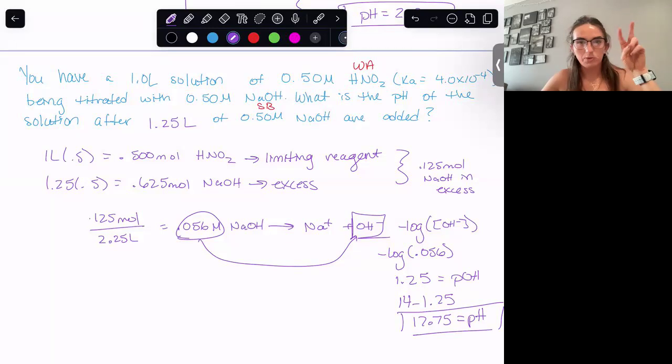Okay, do we see the difference between the two and which one is in excess? Okay, any other questions on titrations?